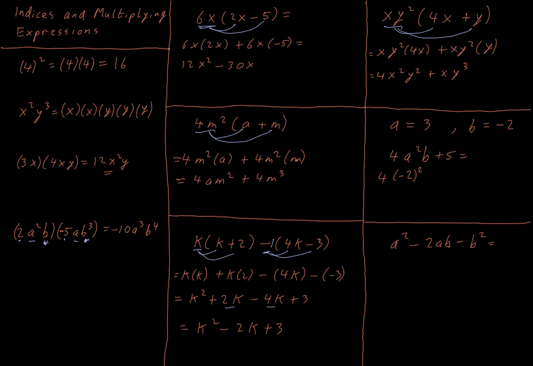A is 3 squared on minus 2 for B, I apologize, plus 5. I know 3 squared means 3 by 3, so 3 by 3 by minus 2 plus 5.